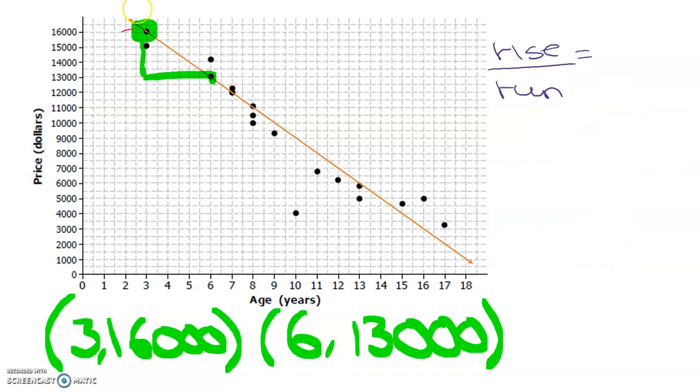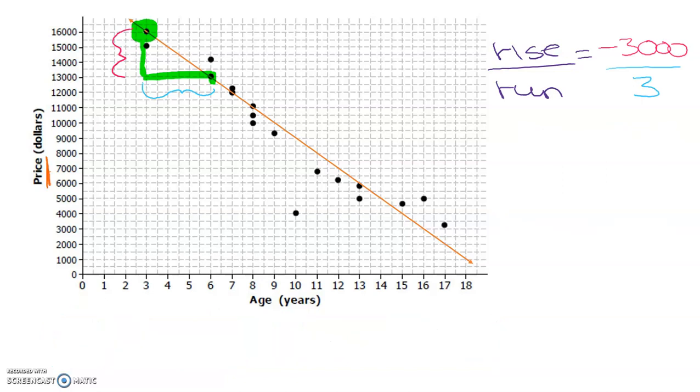You can see that your rise here is negative 3,000 as it's going down from 16,000 to 13,000. And your run goes from 3 to 6, so that's 3. So your slope is negative 1,000.